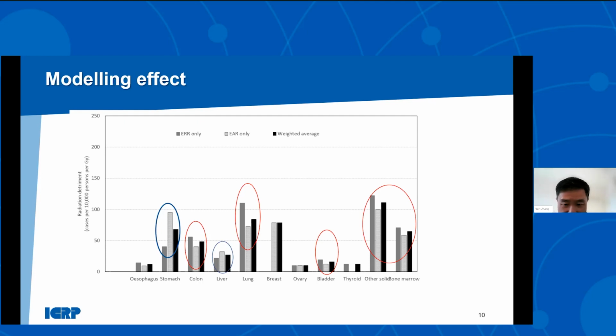For stomach cancer and liver cancer, shown in blue circles, it is less than 2/3 of the standard detriment, but relatively large for colon, lung, bladder, other solid cancers, and leukemia, shown in red circles, up to 25% higher than the standard detriment.